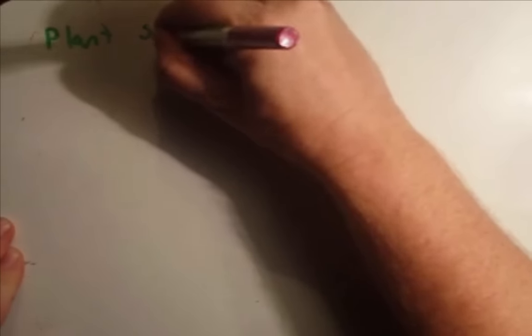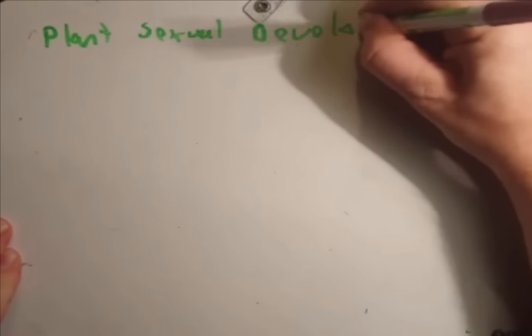Okay, I'd like to close this podcast with a brief description of plant sexual development. And this will be a fairly brief description, but it's important to look at some of the terms that are unique to plants.